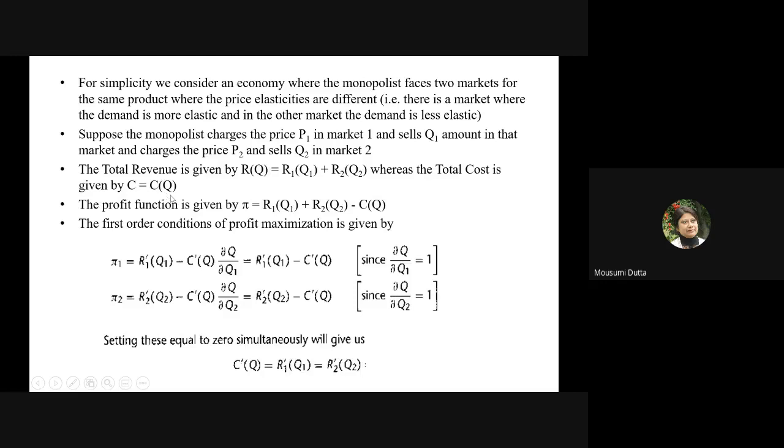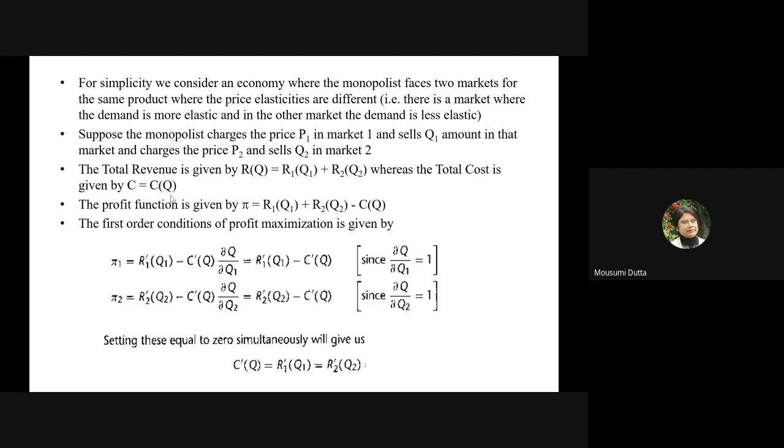Because here there is a single plant, and from that particular factory or plant, the monopolist is producing the entire amount. Depending on market elasticities, when the commodities are going to the market or will be sold in the market, the prices will be different. However, unit cost of producing each unit will be the same, because this is the same product.